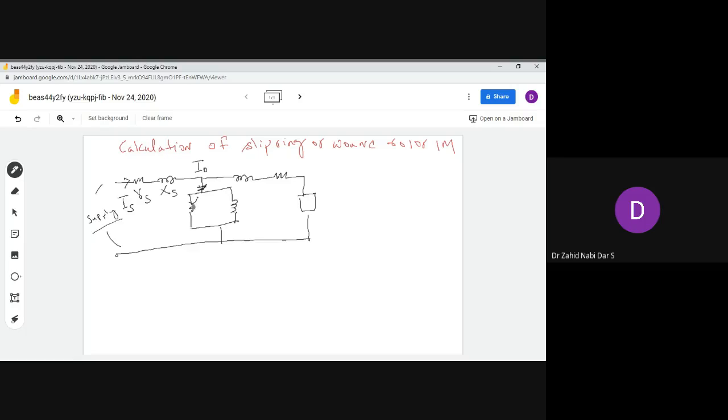From the resistance, there is a loss component of the current that flows. From the reactance, there is the IM, that is the magnetizing component of the current. So here we can write R naught, X naught, or some books will write this as XM. Here we have the rotor side, here the rotor resistance, and this is the load part of it. So as of now, this is the induction motor.